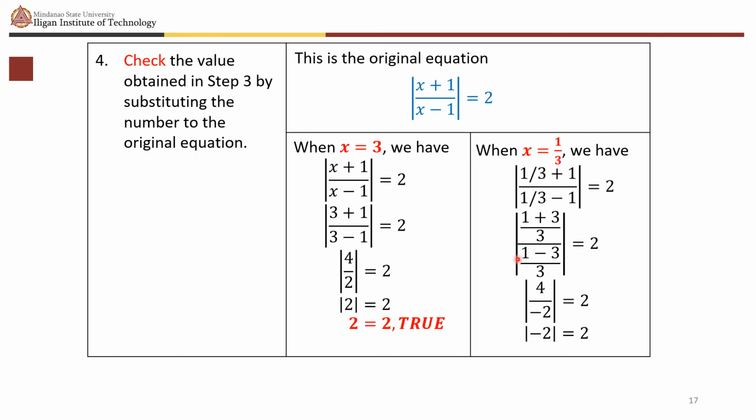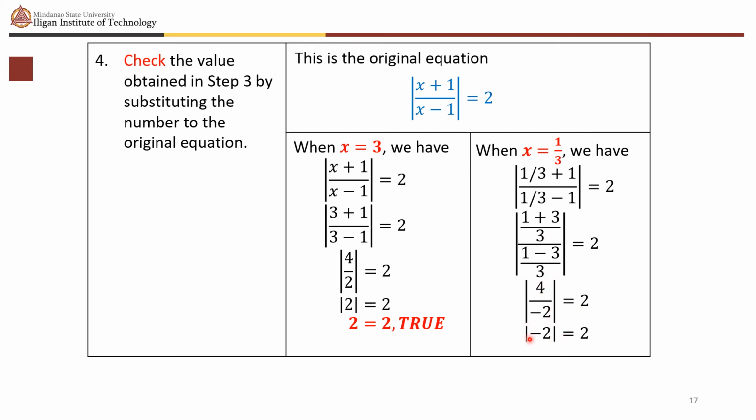On the other side is 1 over 3 minus 1. So you will have 3 here as your LCD. Then you have 1 minus 3. So I mean to say, you have 4 over 3 and you have negative 2 over 3. But that can be simplified into 4 over negative 2, because your 3 over 3 there cancels out.